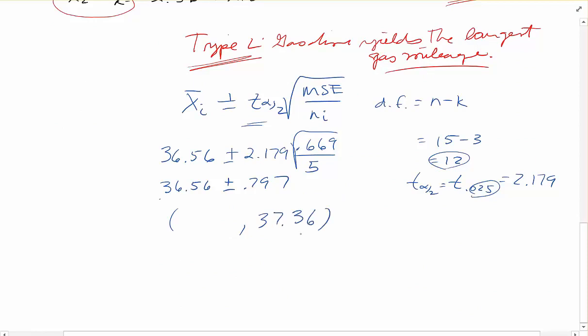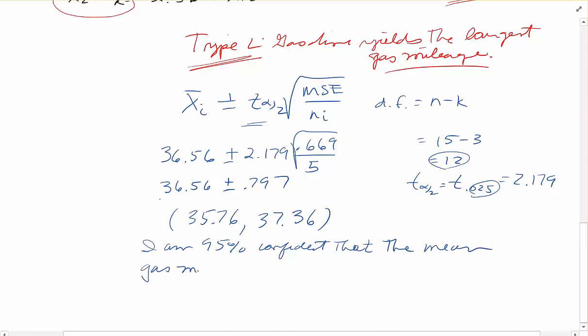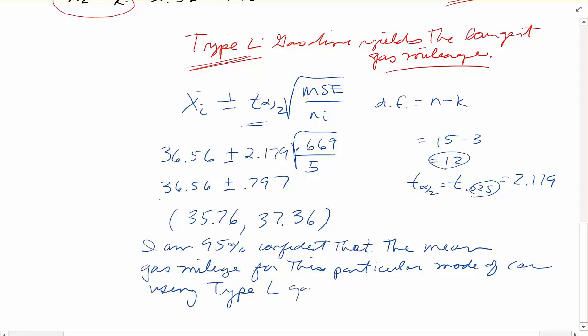And on the lower end, 35.76. So I am 95% confident that the mean gas mileage for this particular model of car using type L gasoline is anywhere from 35.76 miles per gallon to 37.36 miles per gallon.